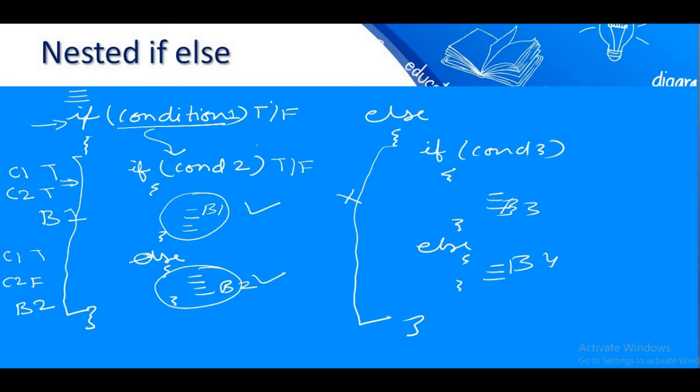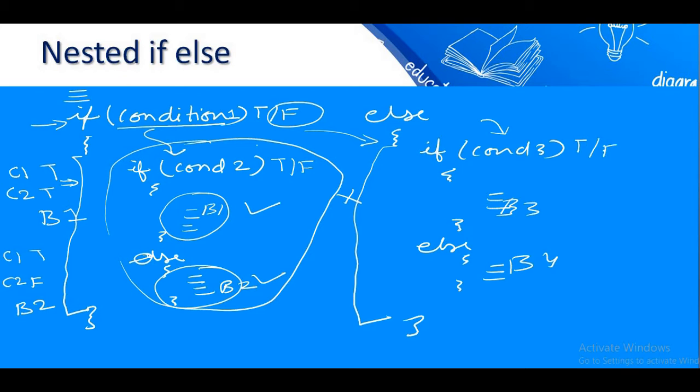Now suppose we evaluate this condition and it comes out to be false. In that situation, we are going to ignore this particular portion, and the control will directly be transferred inside this else block. Inside the else block there is one more condition, condition 3. So condition 3 will be evaluated. Again there are two possibilities: either the condition will be true or it will be false.